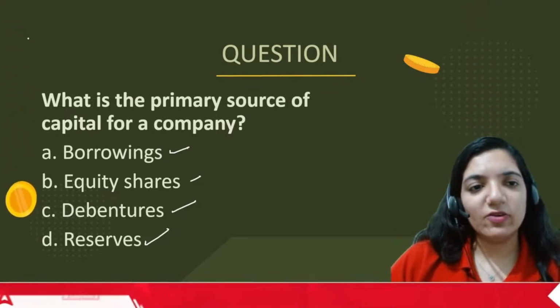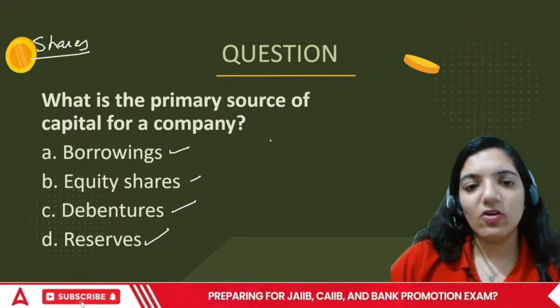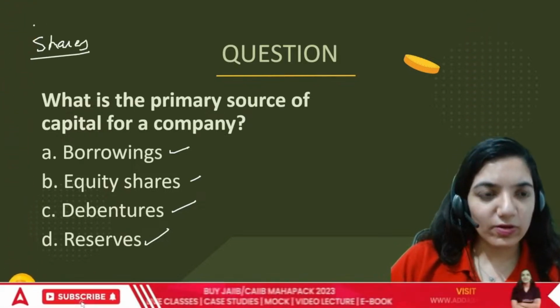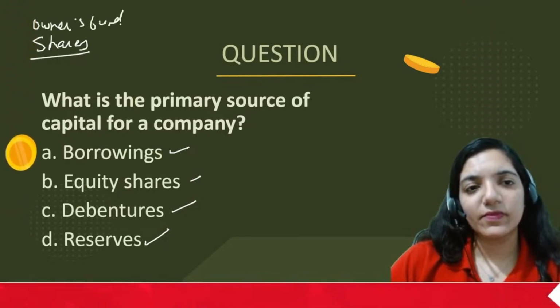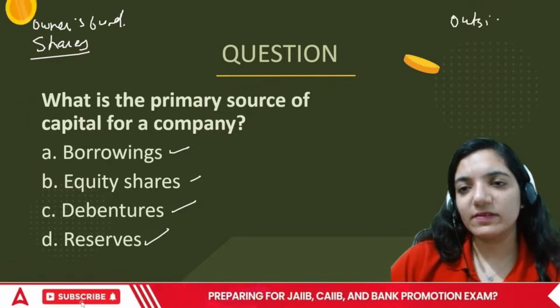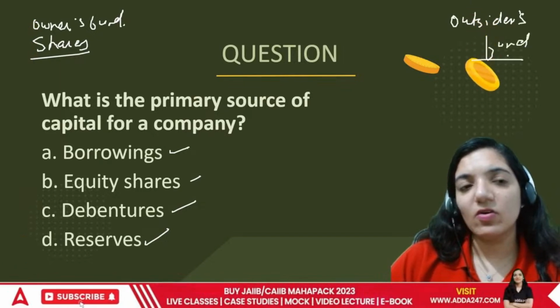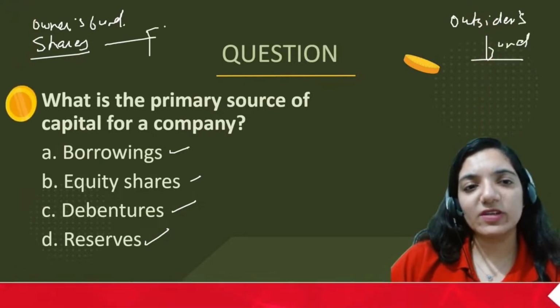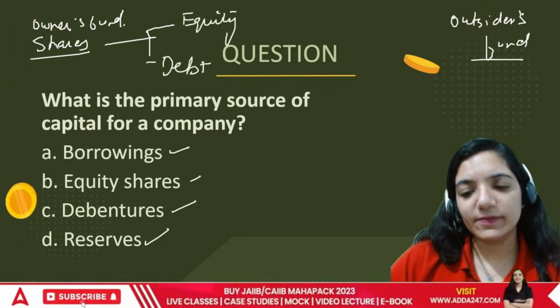See, when you form a company, it can either have shares, that is the owners' funds, and the second can be outsiders' funds. Owners' funds are of two types, equity and debt.